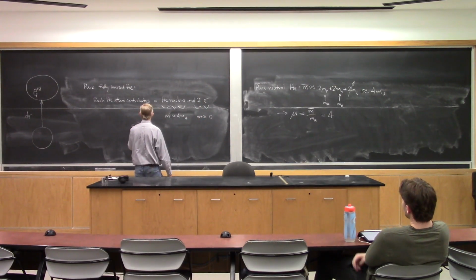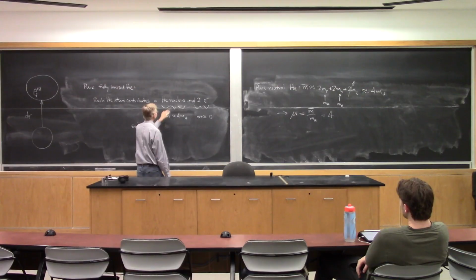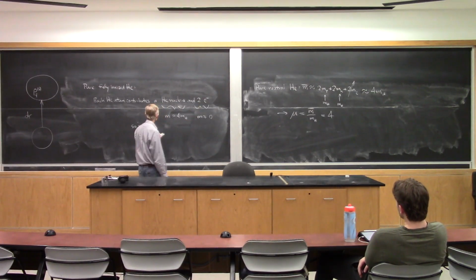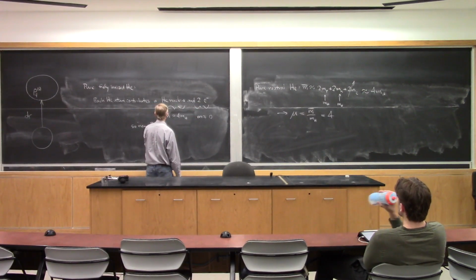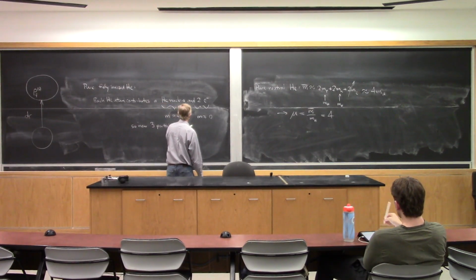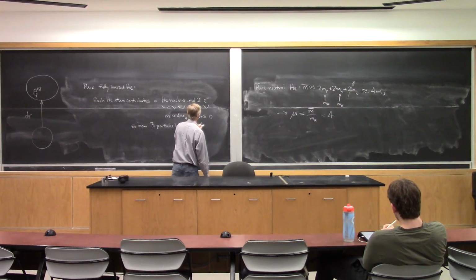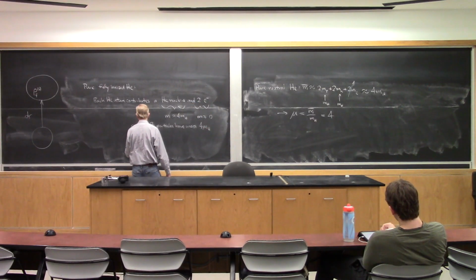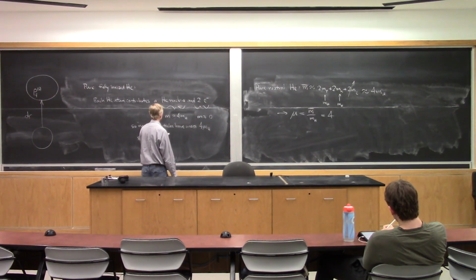So now, count them. 1, 2, 3. 3 particles have mass 4 mH. So the average mass per particle is 4 mH over 3, right?